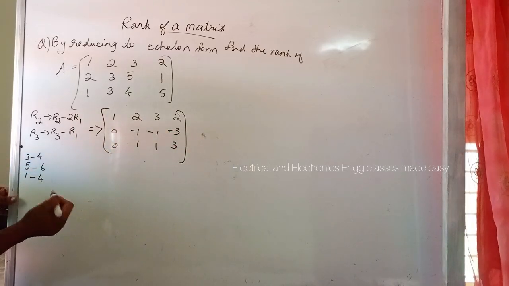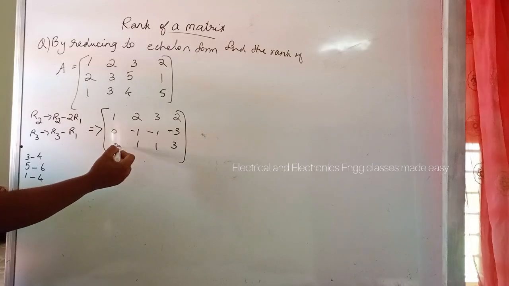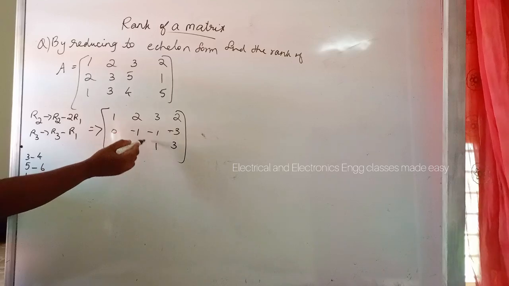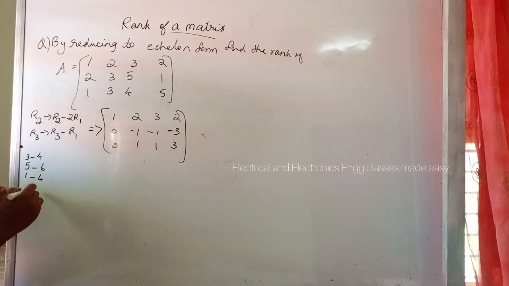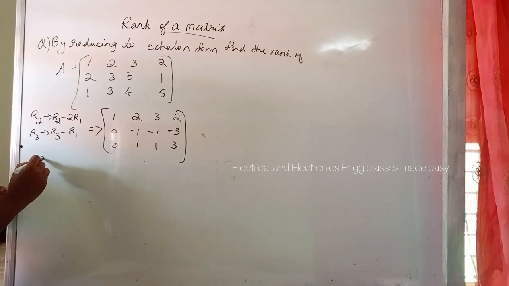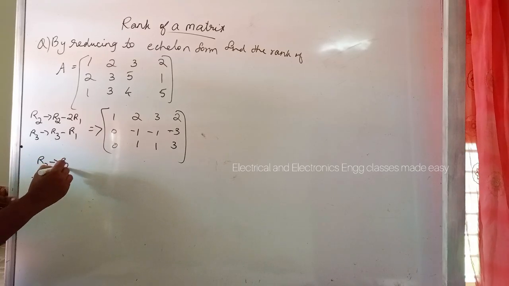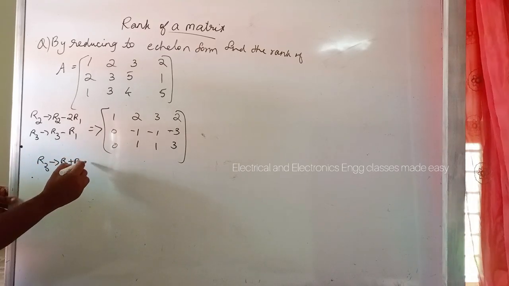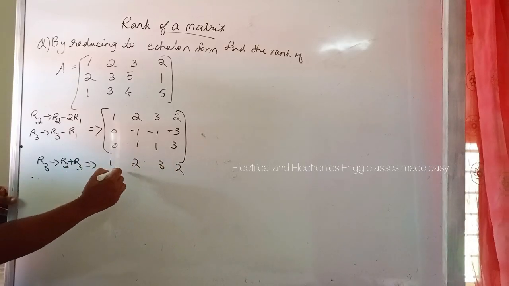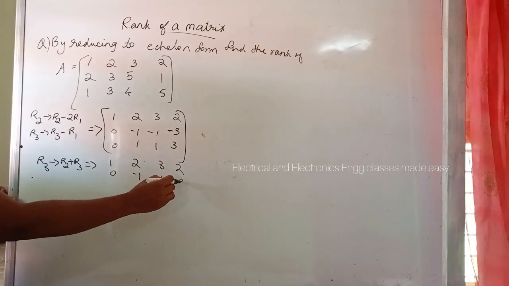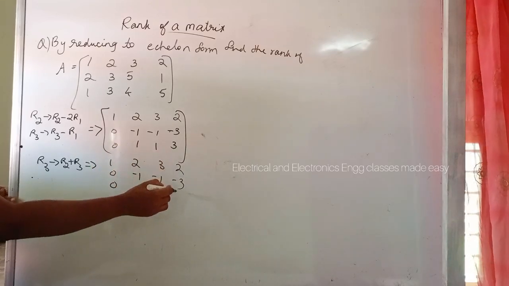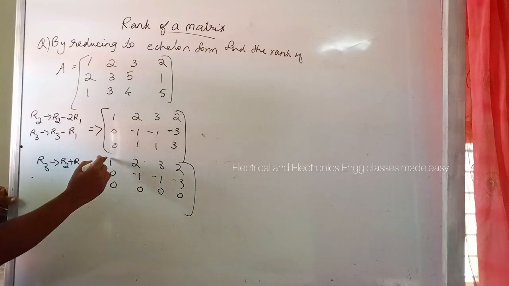Now our next step is to make these elements 0. So we can add these rows, that is R3 becomes R2 plus R3, giving [1, 2, 3, 2; 0, -1, -1, -3; 0, 0, 0, 0].